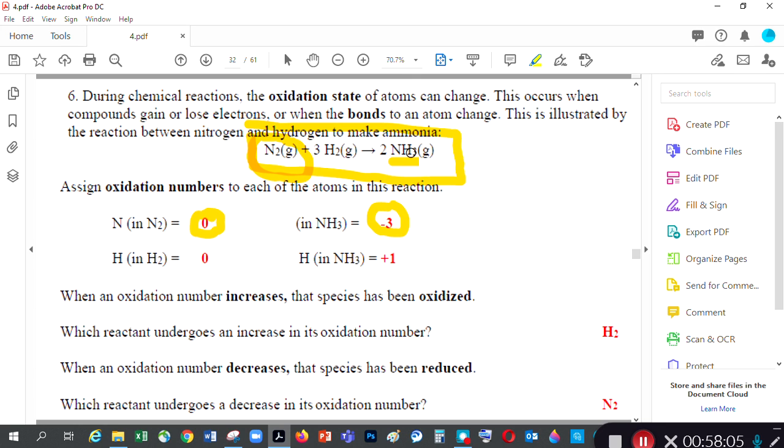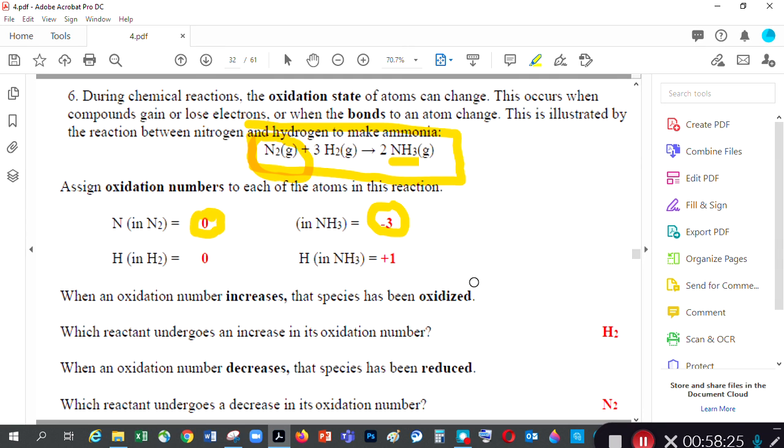Because hydrogen is making a covalent bond with nitrogen, so hydrogen will be +1. So the 3 pluses of hydrogen have to be balanced by the -3 of nitrogen. The whole molecule has an oxidation number of 0, neutral, correct?